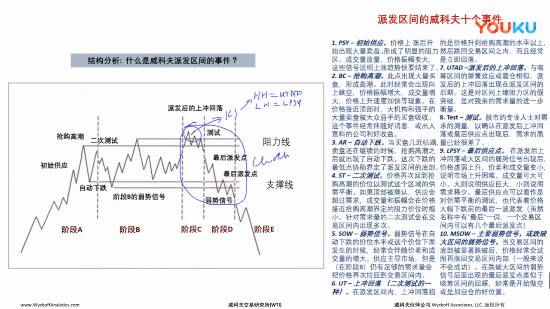Before this high, we usually have a lot of weak hands excited and buying on the way up. This type of buyer is waiting for a couple of things to happen.